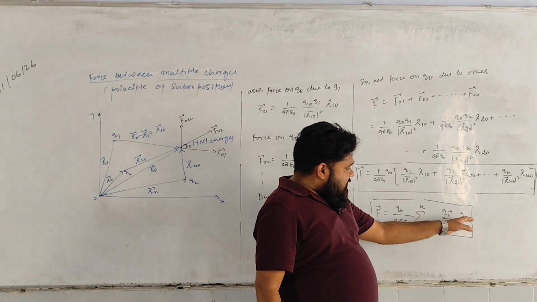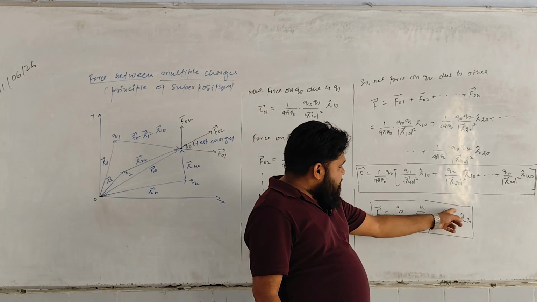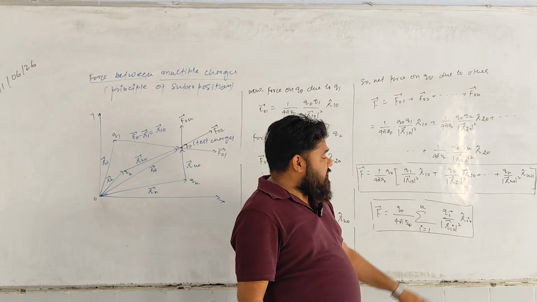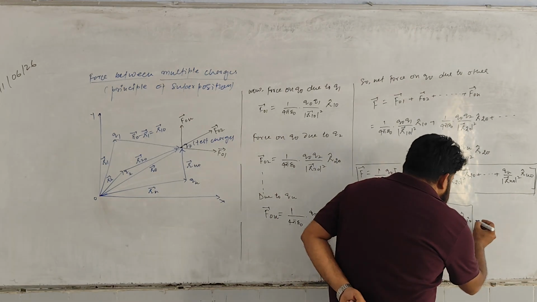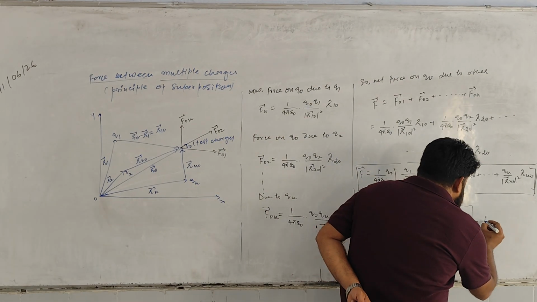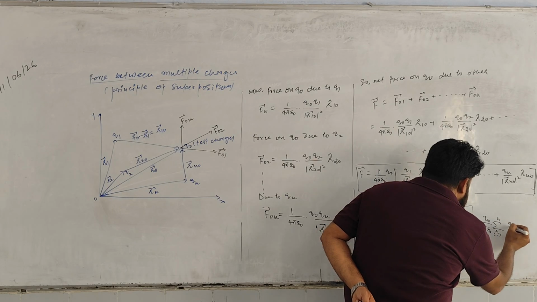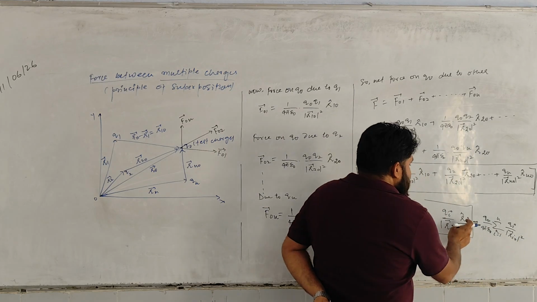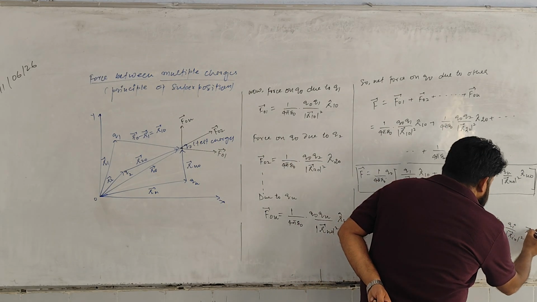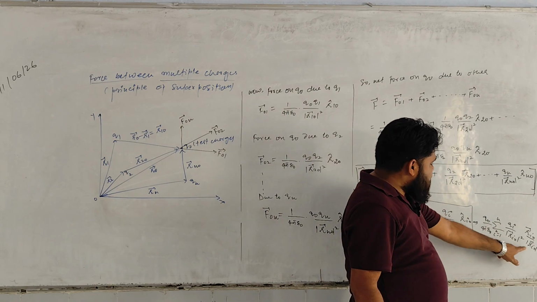Here you can also expand this, you can also write this unit vector in terms of vector and magnitude. So when we put the value, the unit vector ri naught is equal to vector upon magnitude. So this can also be written as q naught over 4 pi epsilon naught summation i goes from 1 to n qi upon ri naught square, and here the unit vector ri naught can be written as vector ri naught upon magnitude of ri naught, and this becomes the cube.